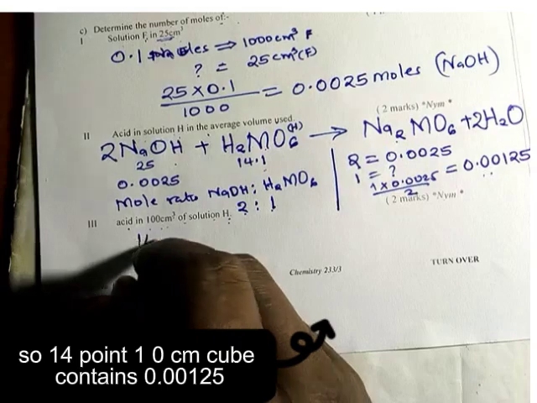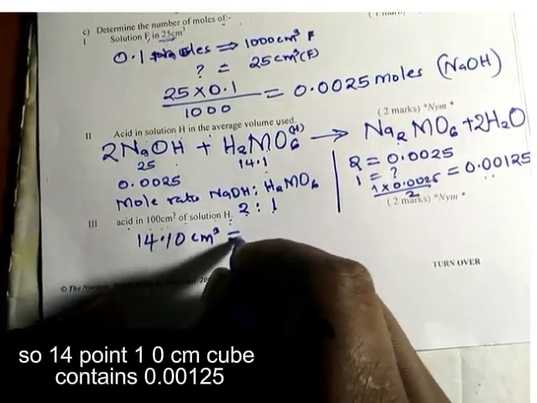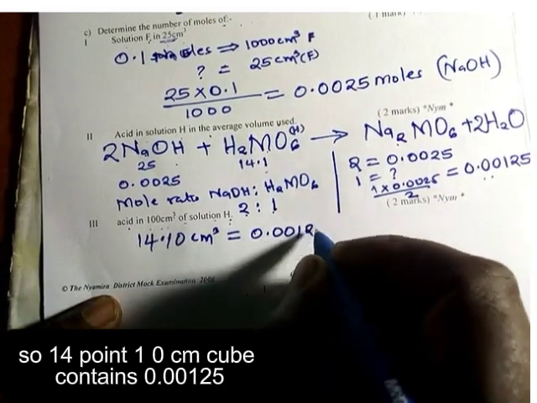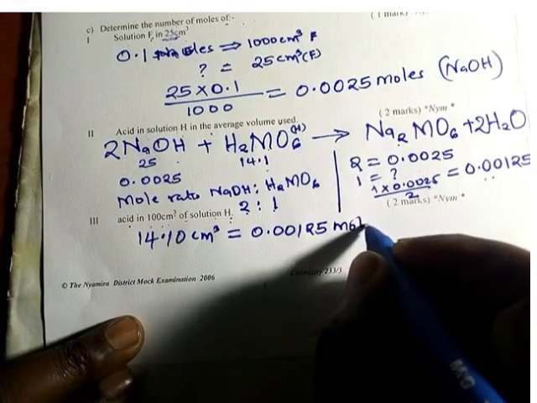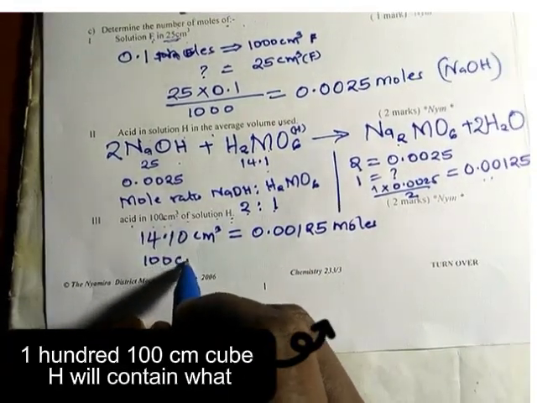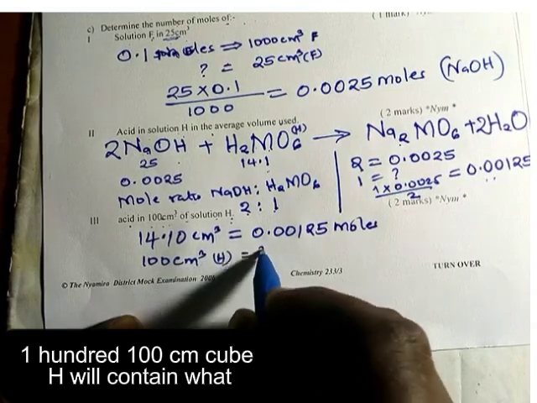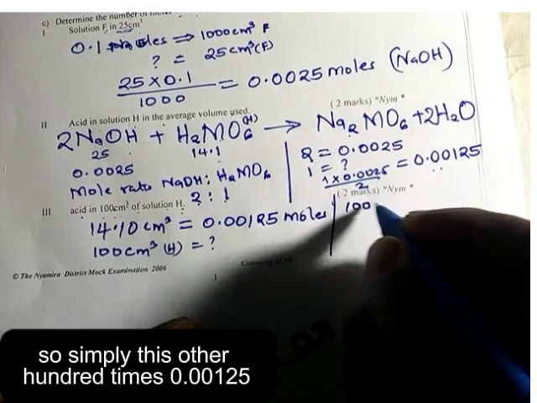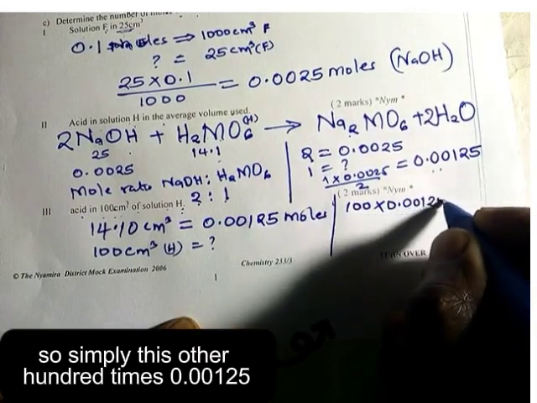So 14.10 centimeters cube contains 0.00125. We will simply ask what will be 100 centimeters cube. H will contain what? So we simply take 100 times 0.00125.